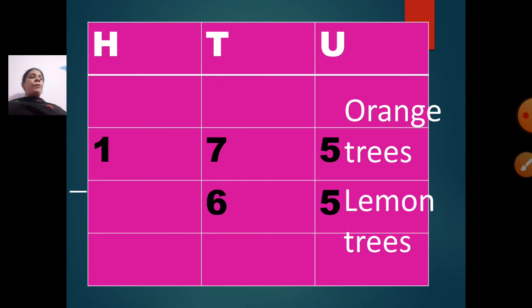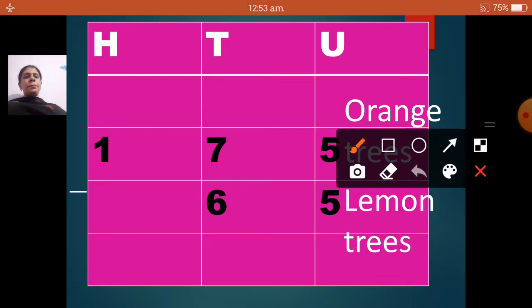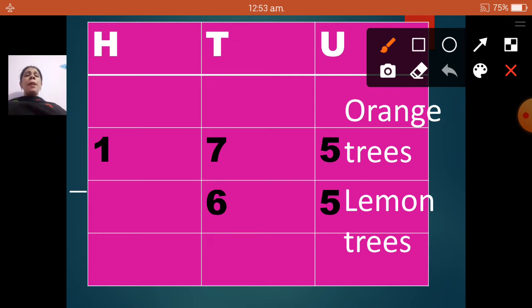Okay. So now we have to find out the answer. We will subtract. 5 minus 5 is 0. 7 minus 6, 1. And below 1 there is nothing, so we'll consider it as 0.